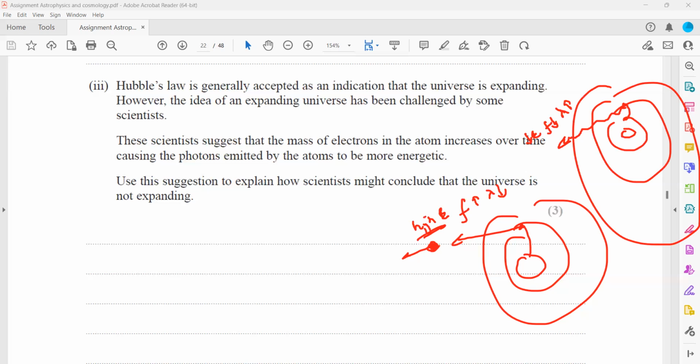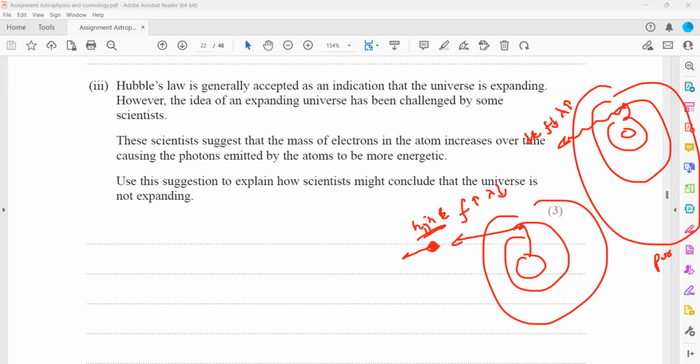So the photons we are receiving right now from distant galaxies were emitted with longer wavelengths. As a result, we say that the universe is expanding.